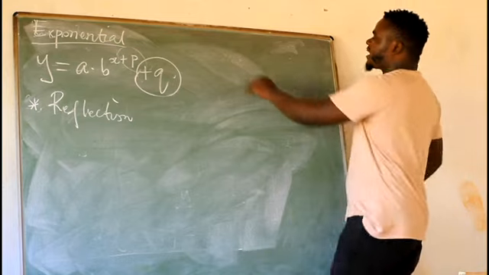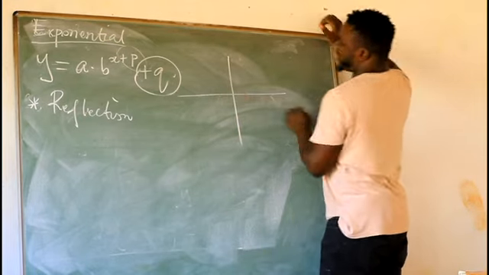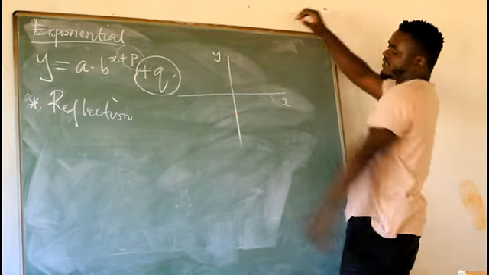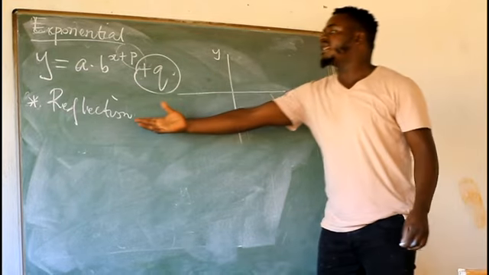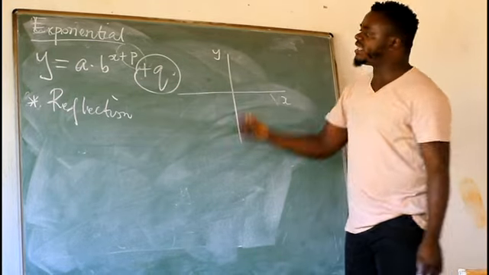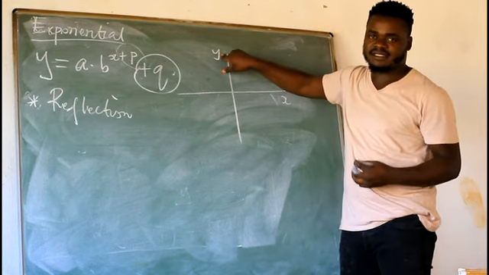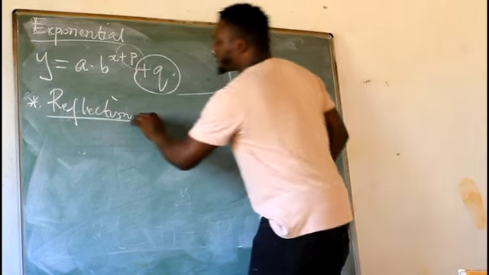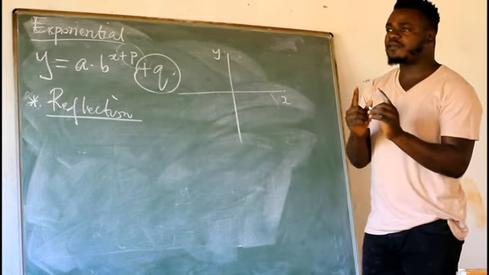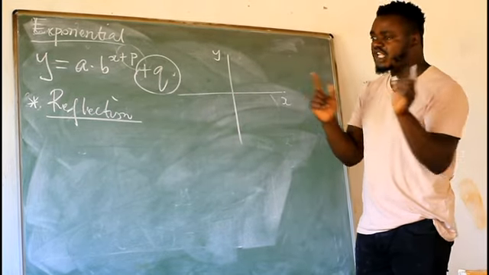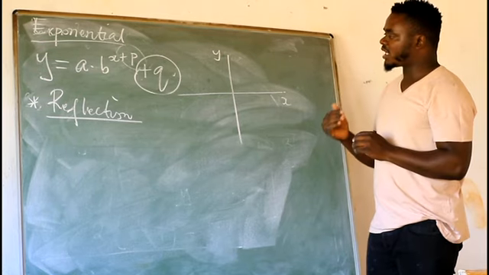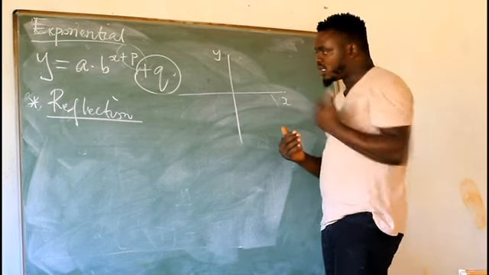Whenever we talk about the graph, we're talking about the x and y axis. This graph is going to reflect with respect to the x-axis and with respect to the y-axis. That is why we talk about the reflection of the graph. The reflection of the graph doesn't mean the graph is going to change shape. No, the graph is just going to reflect.